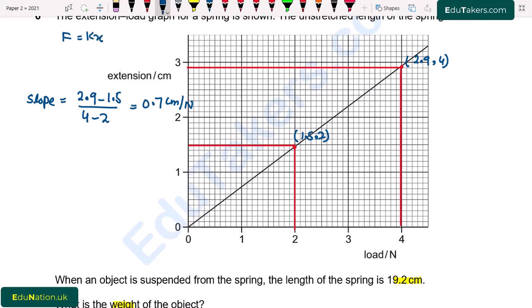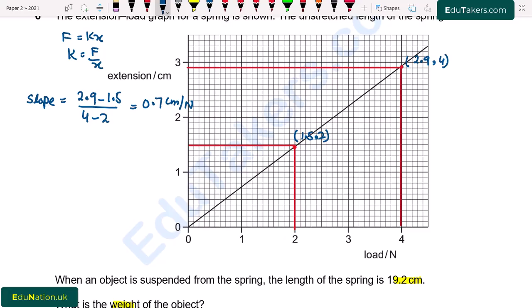According to Hooke's law, F is equal to Kx, where F is load, x is extension, and K is equal to F over x. The slope of this graph is not equal to K, it is equal to 1 over K, but we have to find out the value of K, which is the spring constant.